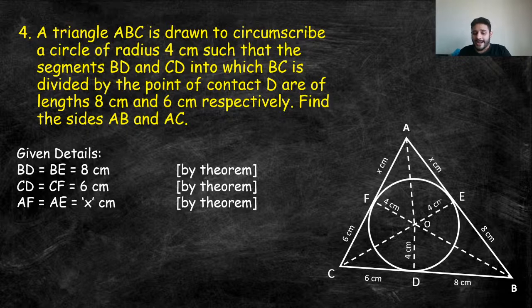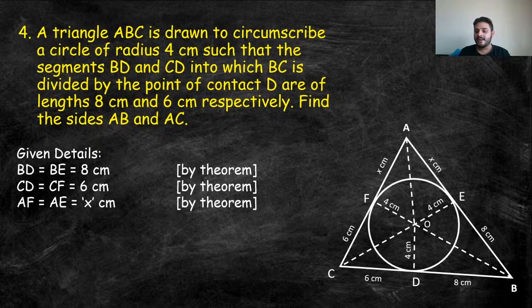Now I'll again repeat that thing. Here we are connecting the dots, we are connecting the lines with the center of the circle, as the given detail says that the radius of the circle is 4 centimeter. So we join OF, we join OE, we join OD, and from all the vertices of the triangle we join straight lines.